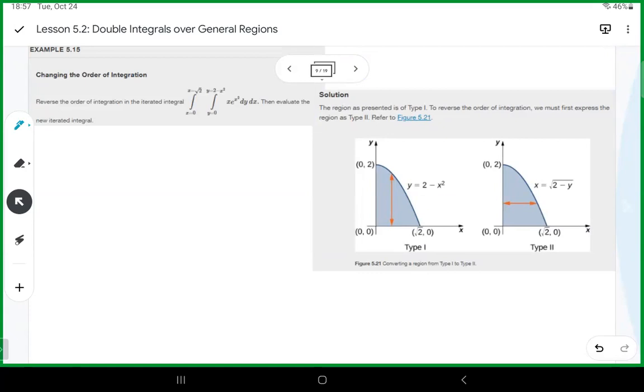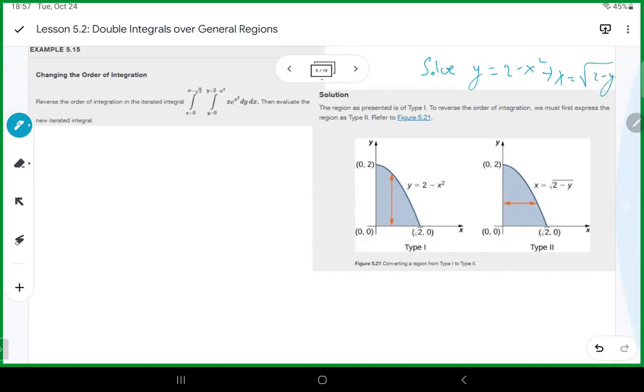So we solve y equal to 2 minus x squared in terms of x to get x equal to the square root of 2 minus y.